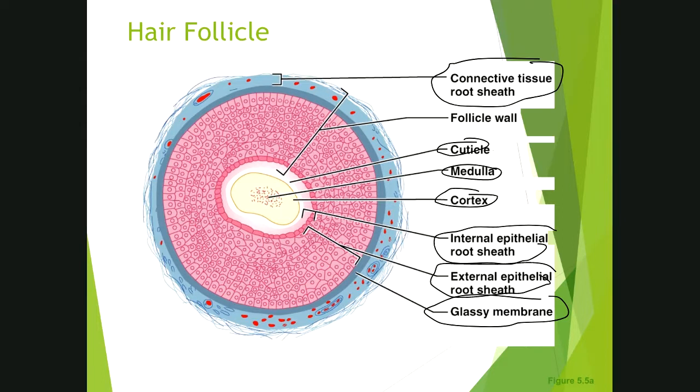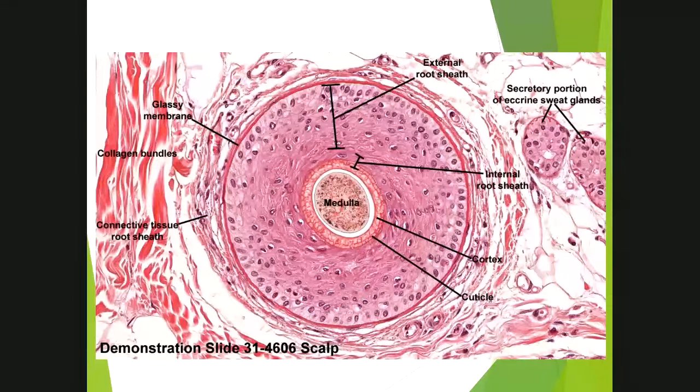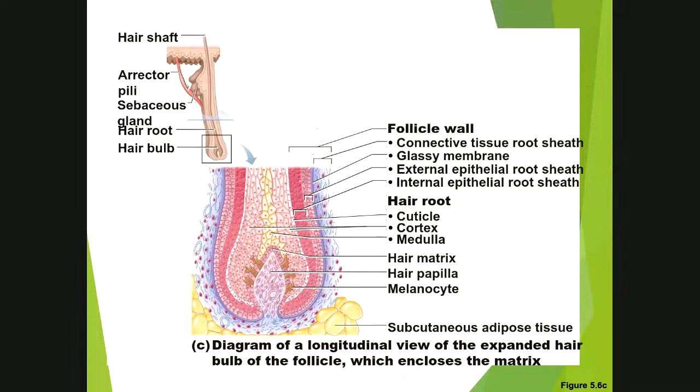And you should be able to label these. Here's a real slide, and you can see it's labeled on here for you. So that's what the hair looks like in cross section.